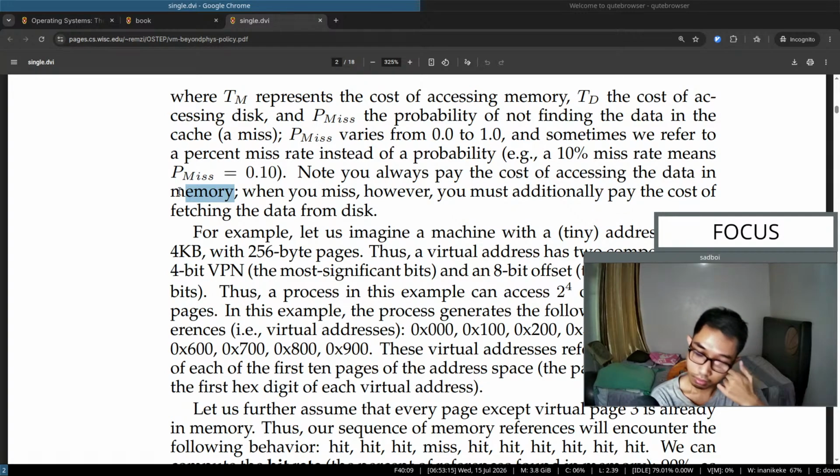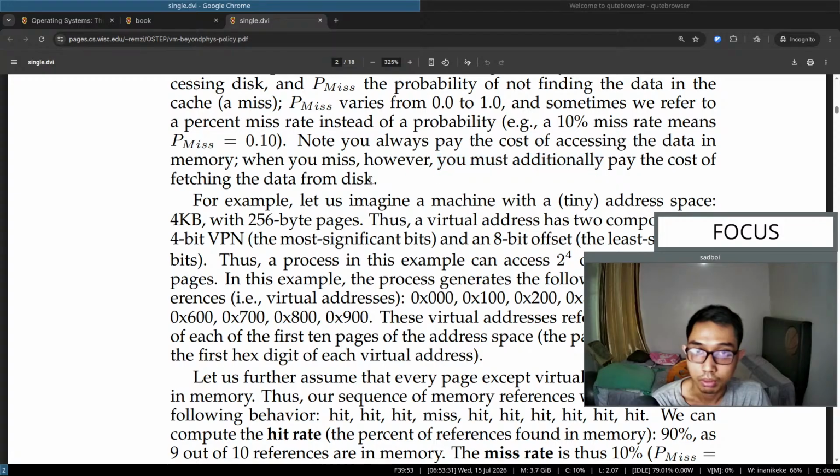You always pay the cost of accessing the data in memory when you miss. However, you must additionally pay the cost of fetching the data from this.